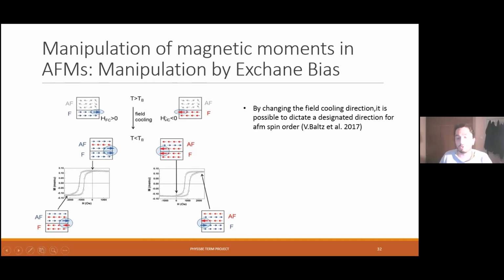Since we can manipulate ferromagnetic moments easily with an external field, we can also describe the layer just at the interface of the antiferromagnet, and what spin anisotropy, what axis it can have, by using the cooling field and changing its direction. By changing the field cooling direction, it's possible to dictate the designated direction for spin order.